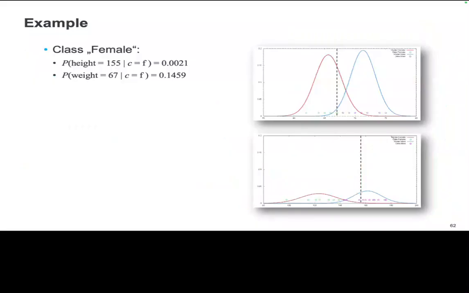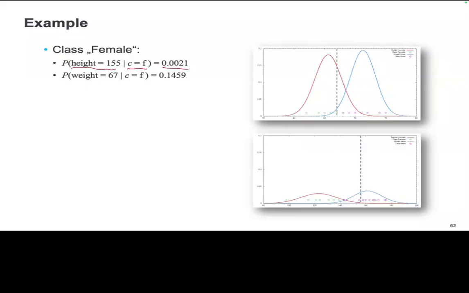Okay, now for a specific observation, like we are interested in our class female and a specific observation of 155, we would look into our normal distribution and we would look into the probability density function.